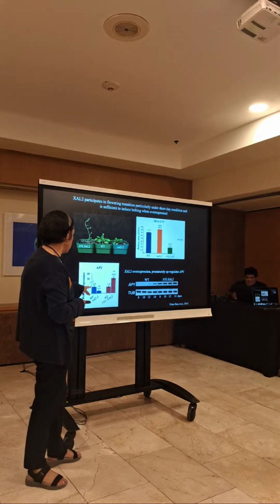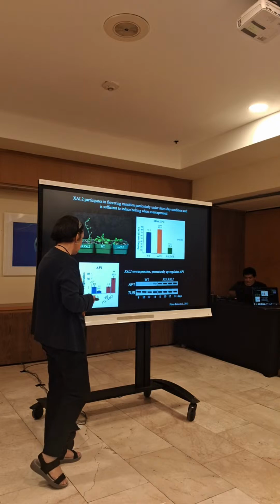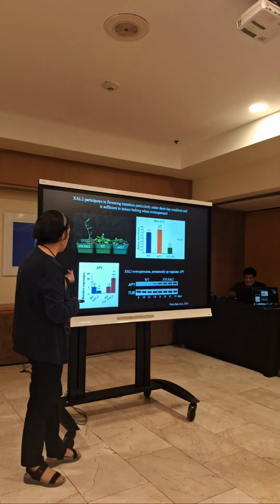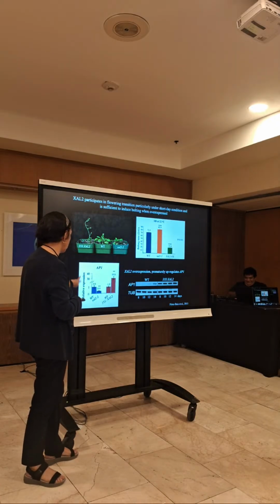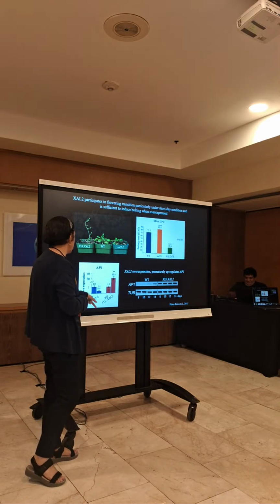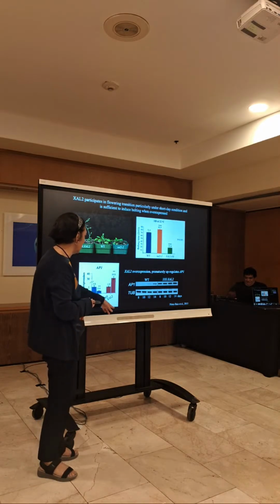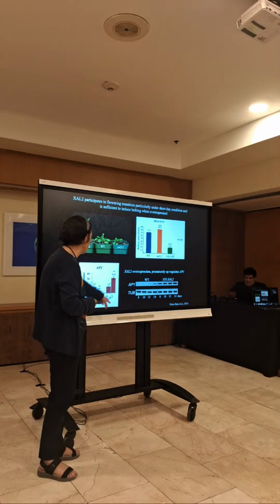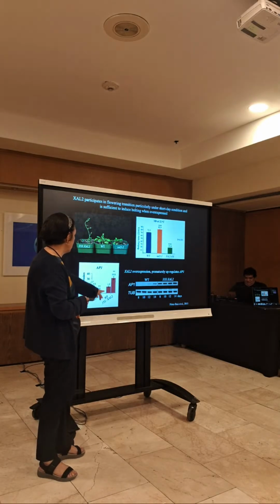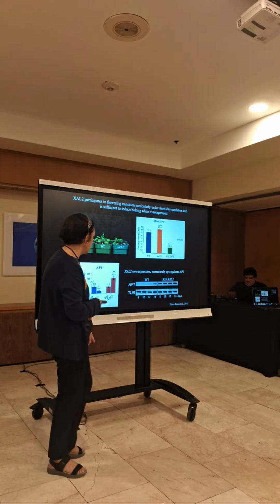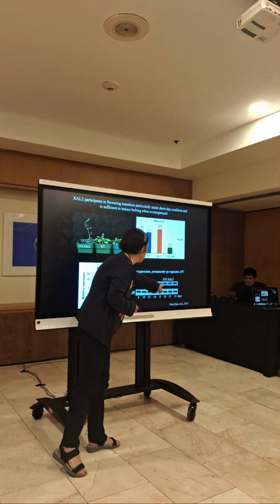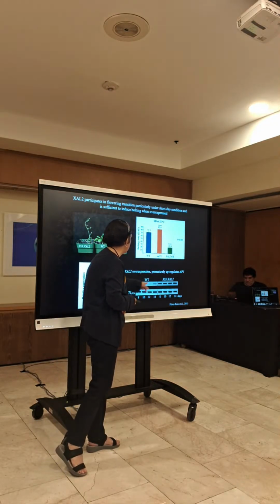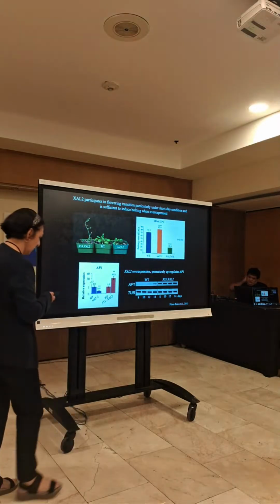And here you can see that it is very important to induce AP1 and the PISTILLATA gene, and Chantal 2 also regulates it. In the overexpression line, it is very highly regulated, and it is expressed early compared to the wild type.